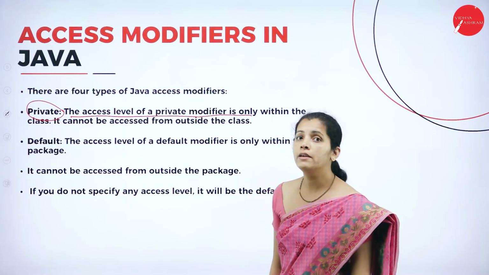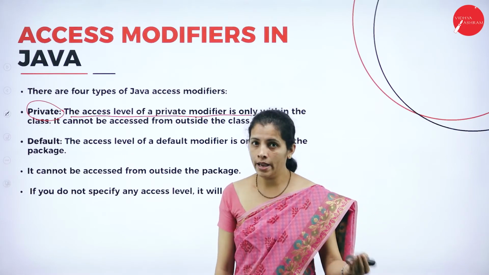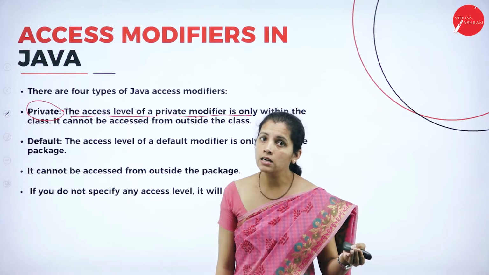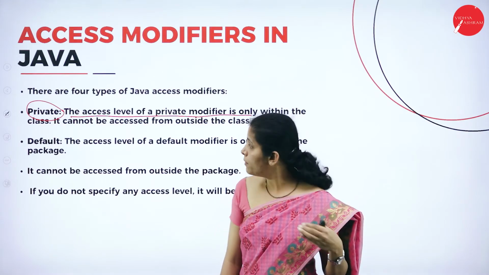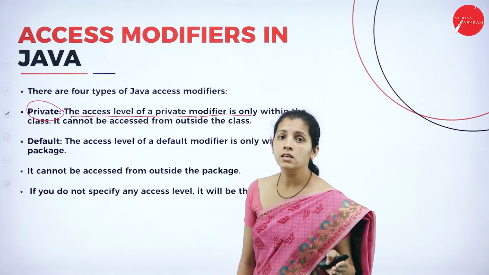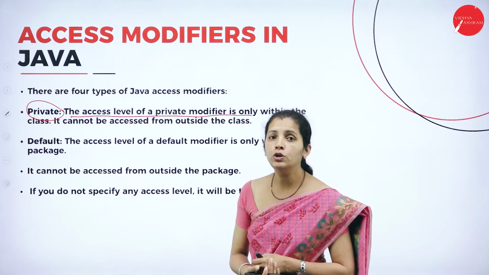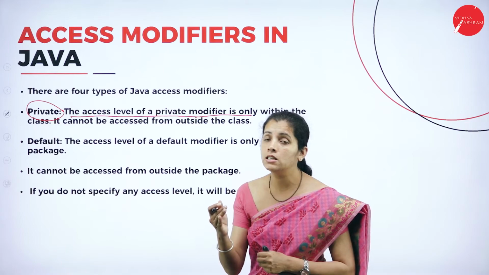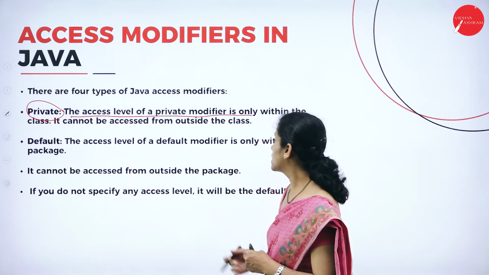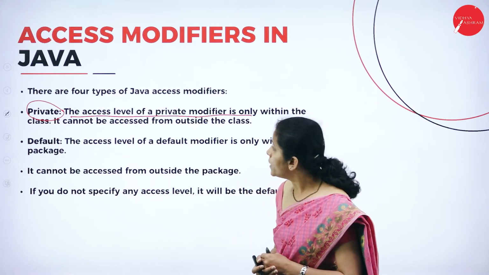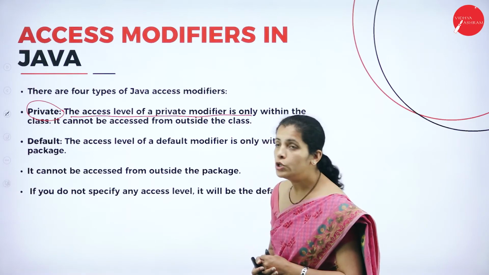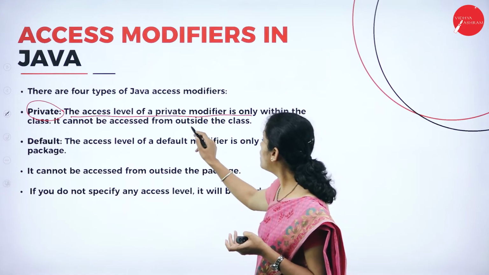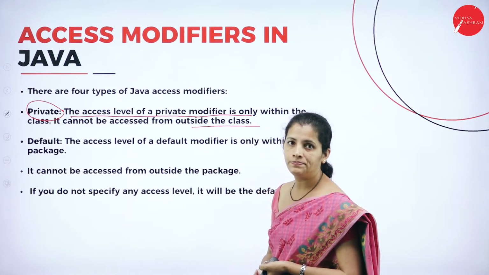For example, if I write variables or methods inside the class and they are private, then I can use them within that class. That means we cannot use such fields, methods, constructors outside the class.